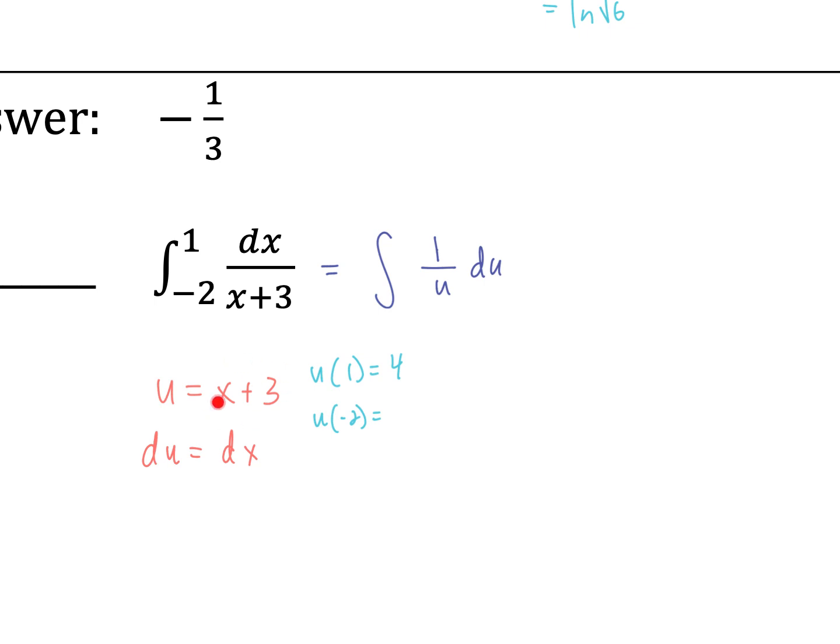Plug in -2 here, you get 1. Those are our limits. The integral of 1 over u is ln absolute value of u. Plug in the top, minus plug in the bottom. ln 1 is 0. So this is just ln 4.